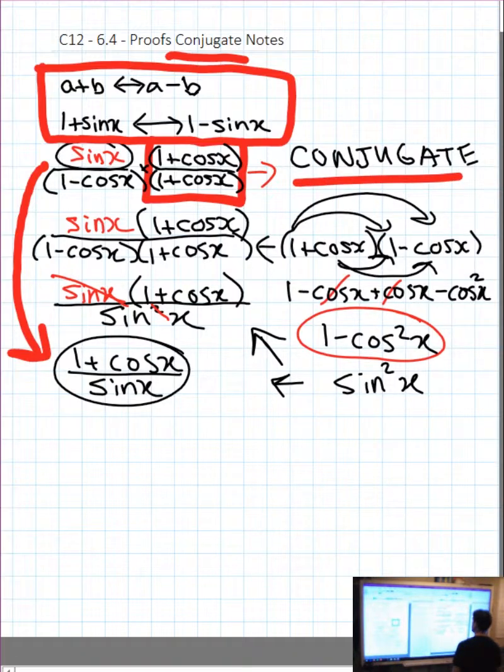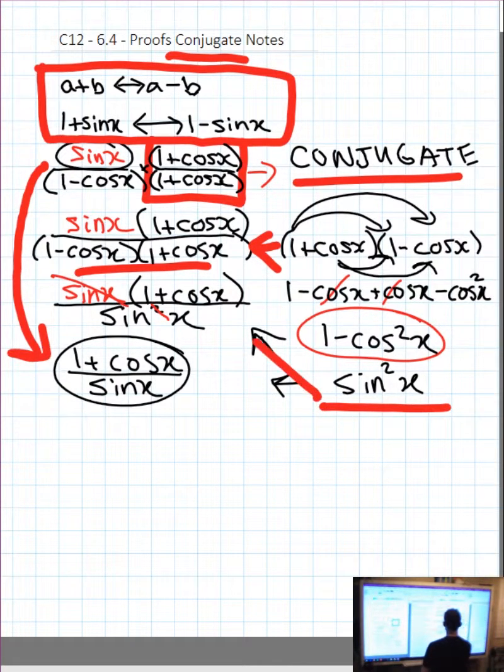Then we decided to take that denominator and FOIL it off to the right, and then we simplified it using the Pythagorean identity to sine squared x, and then we substituted that back into the denominator. Then we simplified, dividing the top and bottom by sine x, crossing off the sine x from the top and the squared from the bottom, and getting this interesting new function, 1 plus cos x over sine x.